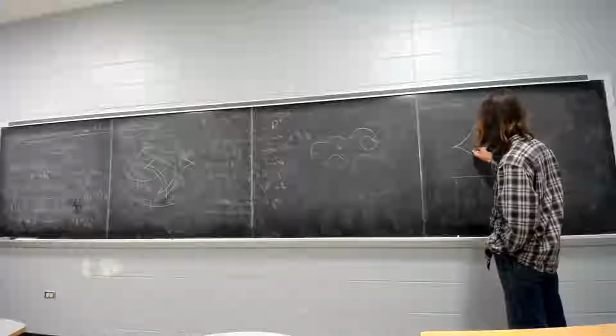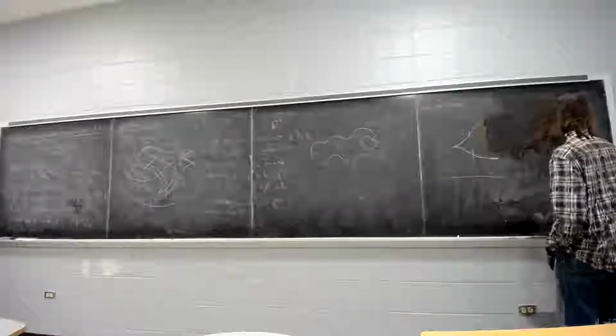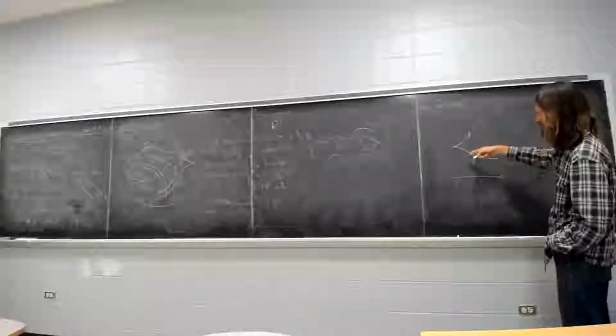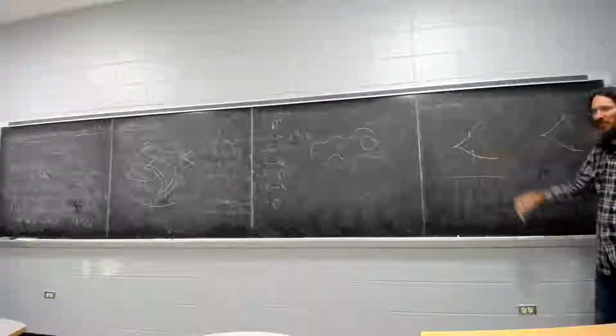So they could either be like 0 and 1, or you could have 1 and 2. Or flip this upside down, 3 to the top, 2 down here. These are basically the two things that can happen.